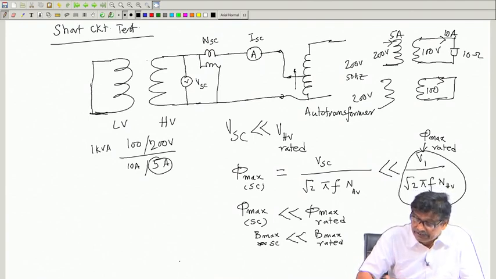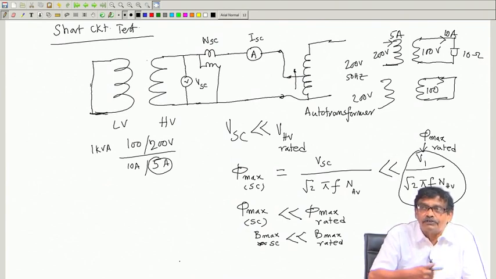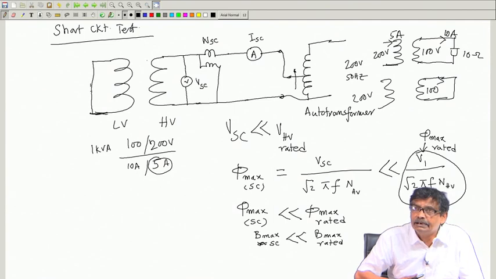Now, during this test, I will say the core loss will be very small compared to the winding copper loss. That is, I 1 square R 1 plus I 2 square R 2, the sum of these two winding copper losses, will be high, because you are passing rated current.